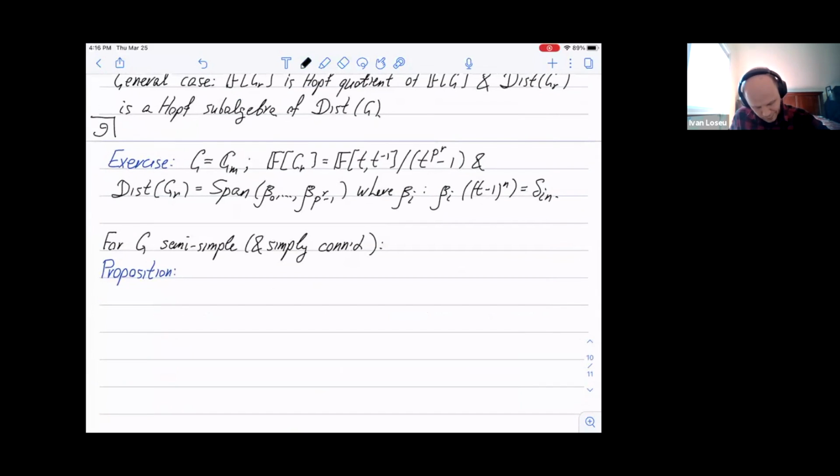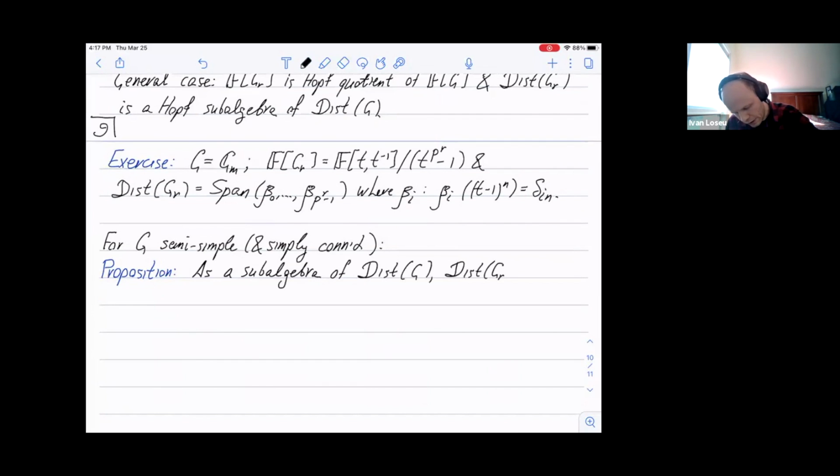As a subalgebra of Dist G, Dist of G_r is spanned by the following elements.